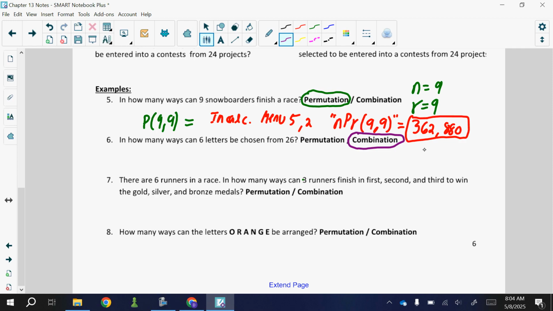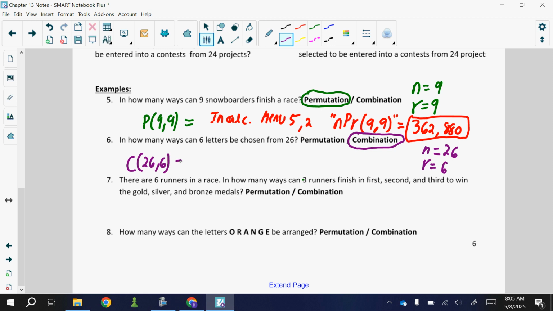Your total amount of letters you're picking from is 26. And then the selected amount that we're looking at is 6. So that's C 26 comma 6.